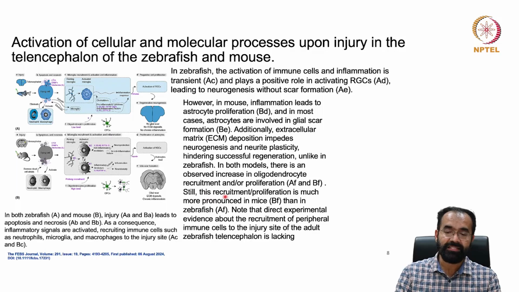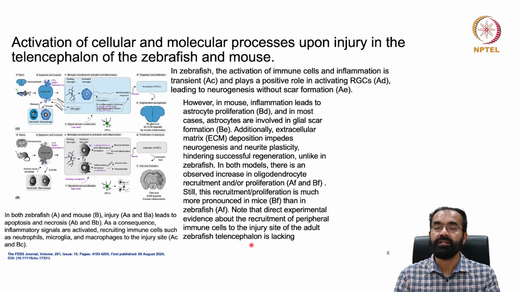Still, this recruitment or proliferation is much more pronounced in mouse, more than required, one can say, than in zebrafish. Not that direct experimental evidence about the recruitment of peripheral immune cells to the injury site of adult zebrafish telencephalon is lacking.